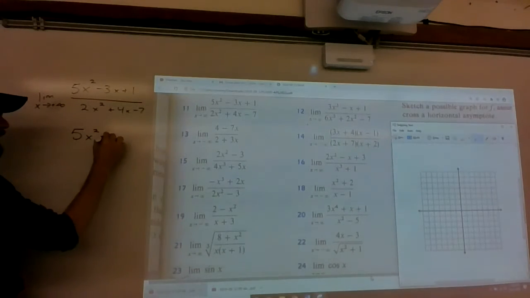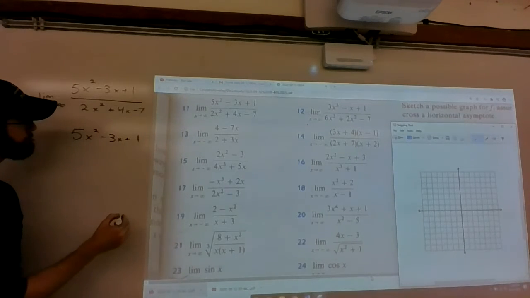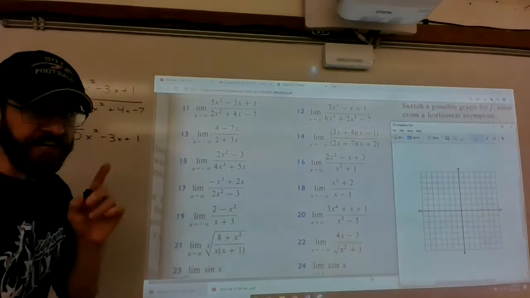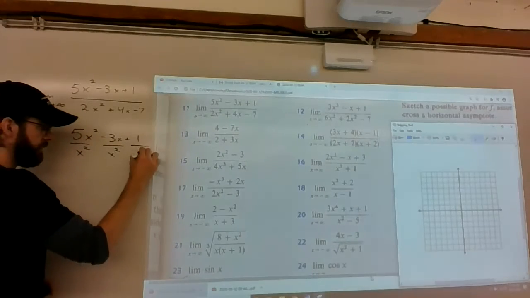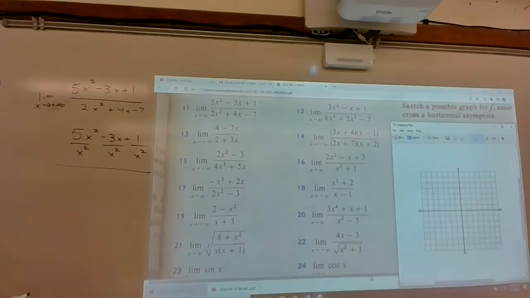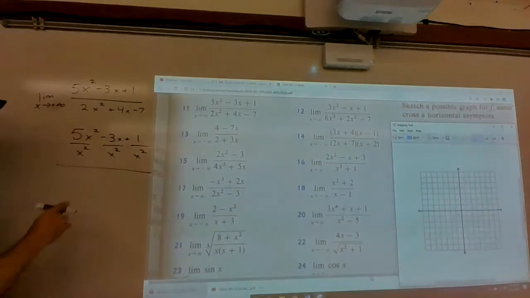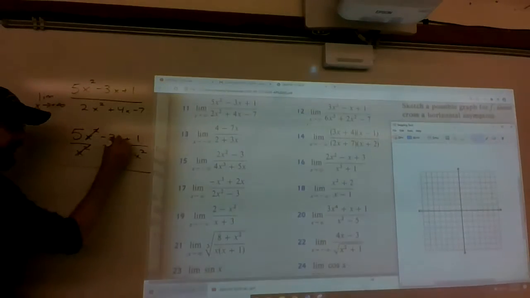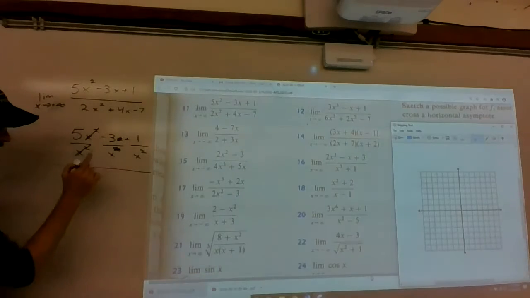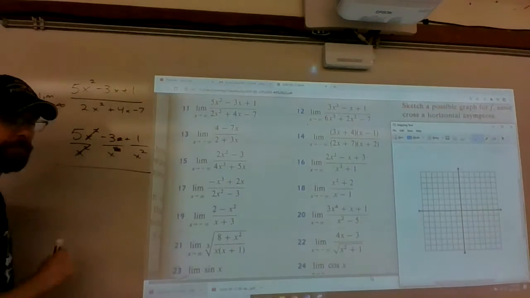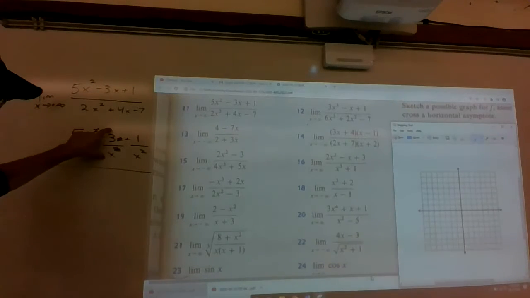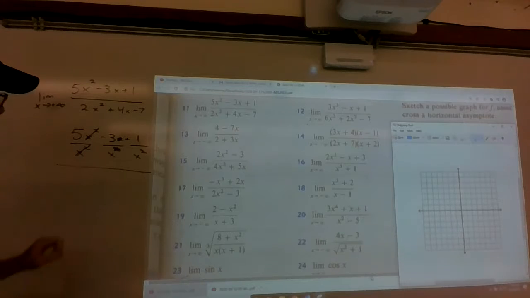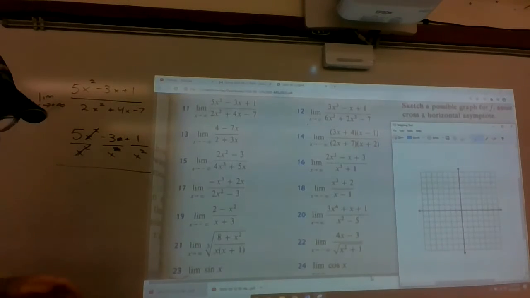So if you look at 5x squared minus 3x plus 1, if I divide all parts by x squared, that would create a constant here, a constant divided by a power of x here, and a constant divided by a power of x here. I can now apply infinity to all three parts. But if I divide by x squared on the top, I have to do it on the bottom as well.